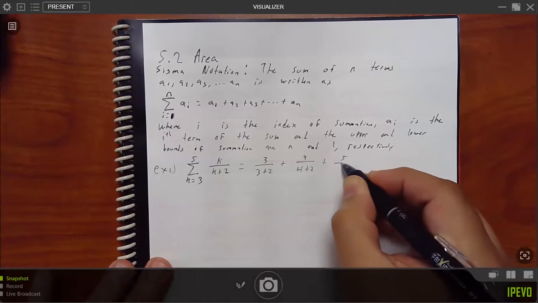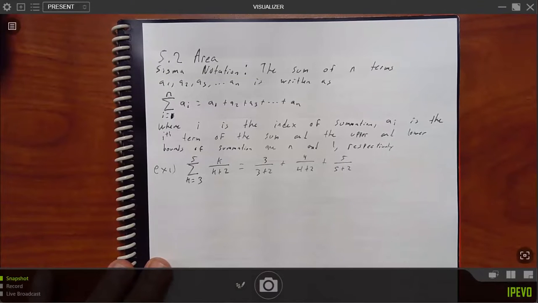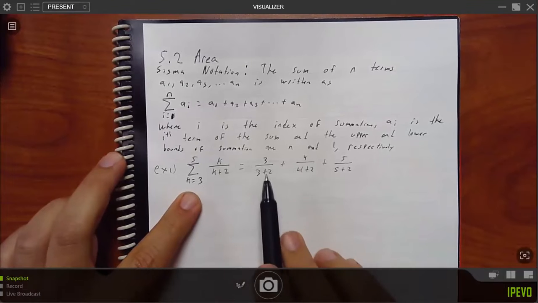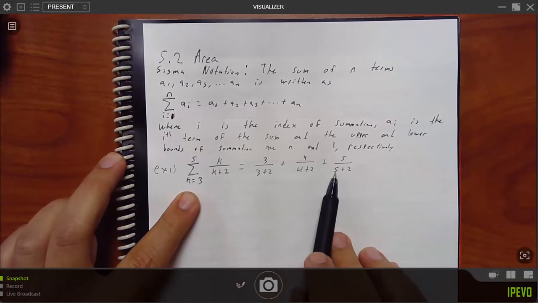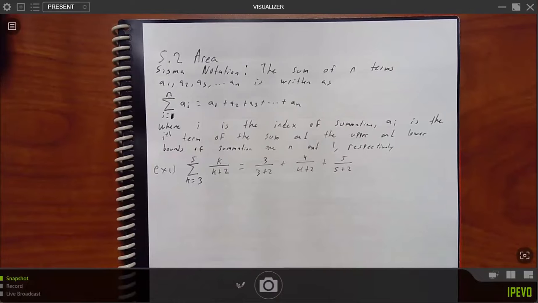Does that make sense? So start at 3, go up to 5. So 3, 4, 5. Of course, you'd add these numbers up.